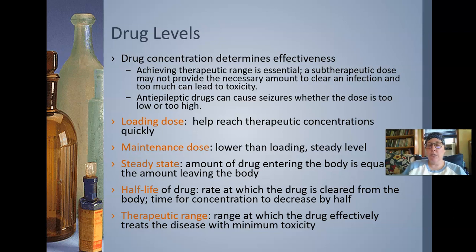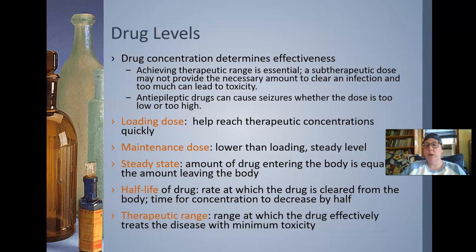The half-life of a drug is the rate at which the drug is cleared from the body, the time for the concentration to decrease by half. You can get an idea of the half-life of a drug by the timing of its dosage. For example, a drug like Allegra, that we talked about earlier, an allergy medication taken once a day with a 24-hour dosage, would take about a day or maybe less to reach its half-life because it will be dropping.